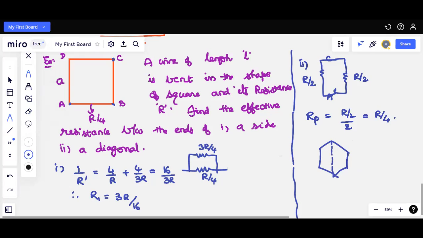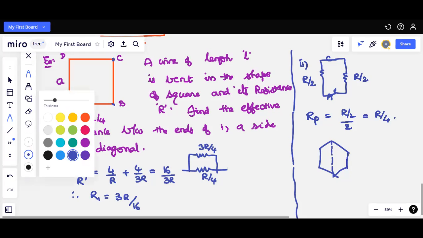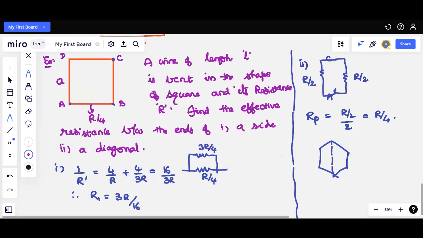Now also I am asking, find the effective resistance between the ends of a diagonal. How much do you get now? 6 sides, so each side will be R by 6. And R by 6 plus R by 6 plus R by 6, this is R by 3.